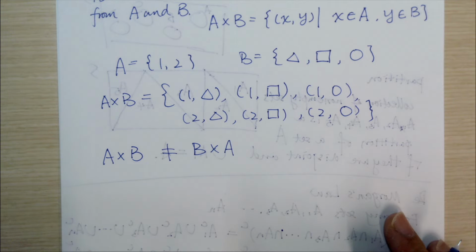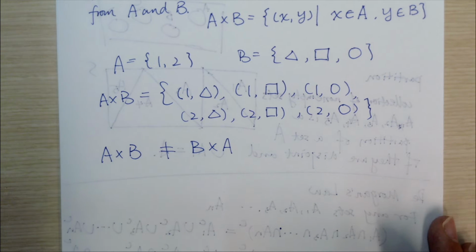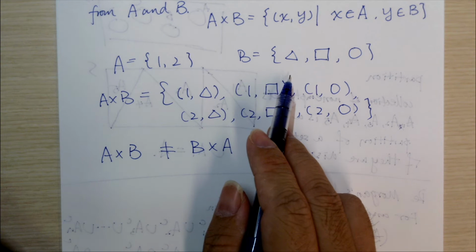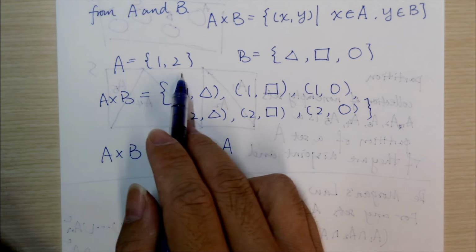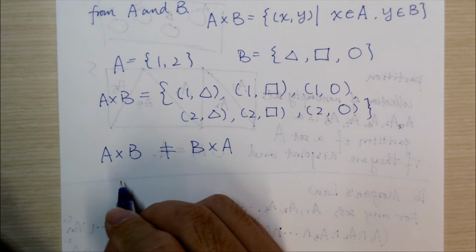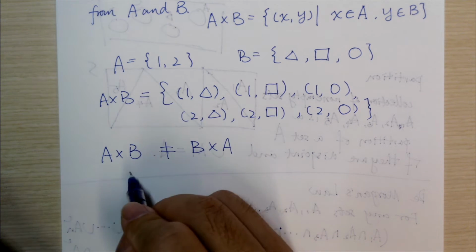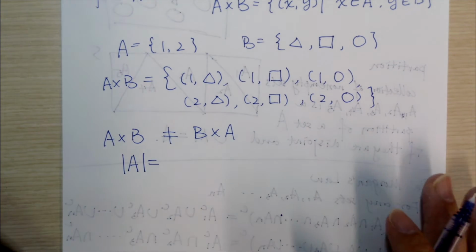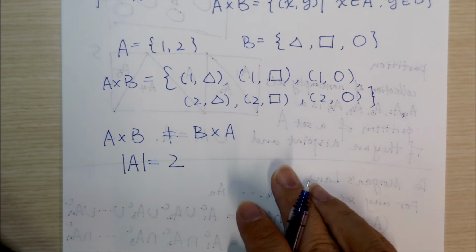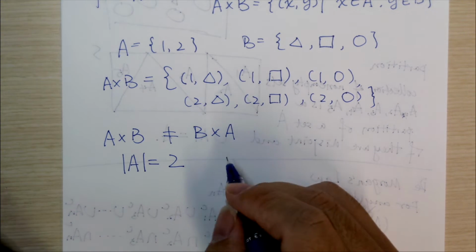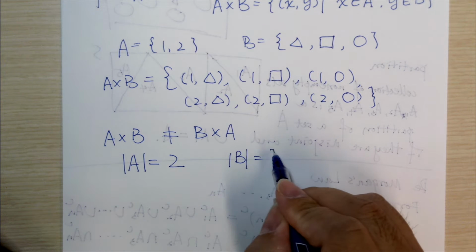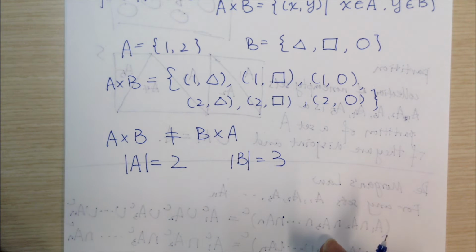And on top of that, if our two sets are finite, we can denote the number of elements in set A with an absolute value sign, which equals 2, and for this example the number of elements in set B equals 3.